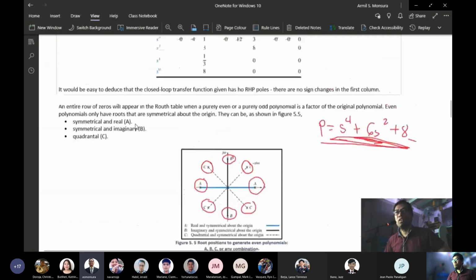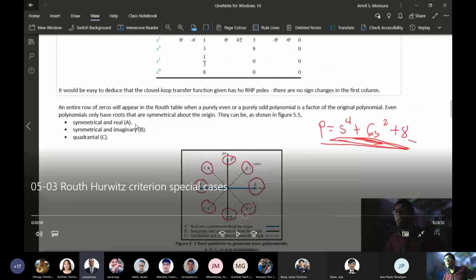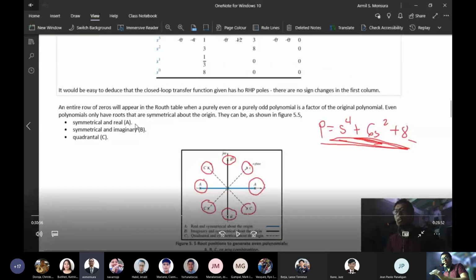Okay? So ayun. Ngayon, ang gagawin natin kapag naintindihan niyo 'yon sa case na to. Kapag meron kayong even polynomial, titingnan nyo kung meron siyang right half plane pole. Pag wala siyang right half plane pole, dahil nga sa symmetry, automatic wala siyang left half plane pole. Okay? So kapag meron siyang right half plane pole, meron siyang left half plane pole dahil sa symmetry.